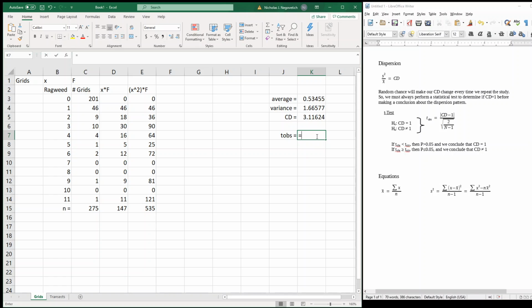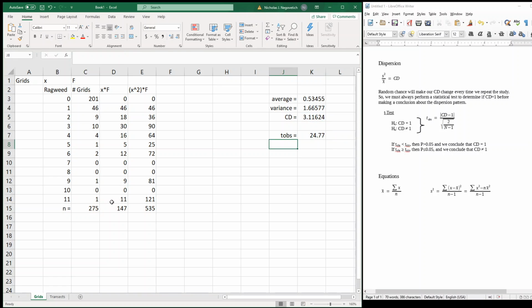So I'm going to set up my numerator in parentheses, and then do the absolute value of my coefficient of dispersion minus 1. And that is my numerator. And then my denominator is going to be the square root, SQRT, of 2 divided by, and use one more parentheses, our sample size minus 1. And I close up our parentheses.